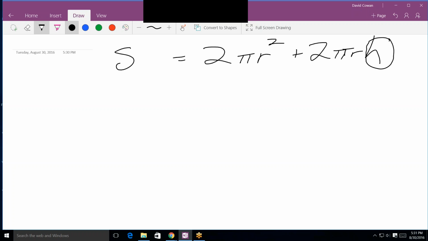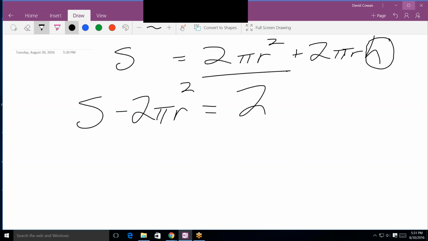If I'm trying to solve for h, that does not have any h's in it. So the first thing I'm going to do is get rid of that. Subtract it all. See what I'm doing? I'm just gradually trying to narrow this down so that I end up with h over here.